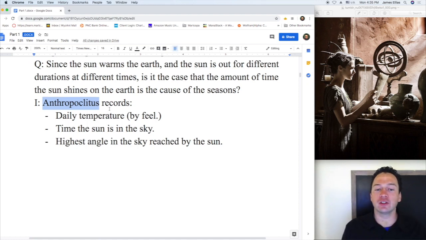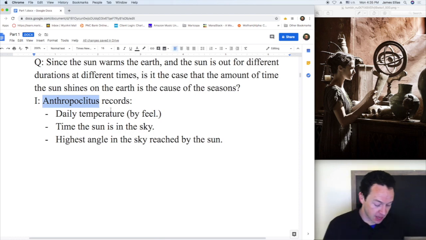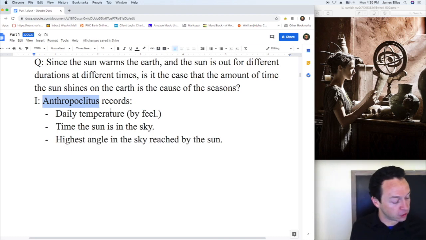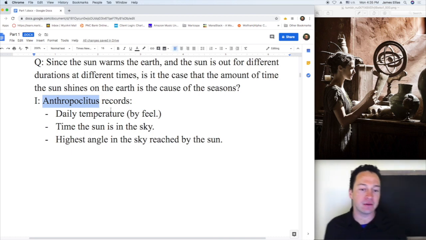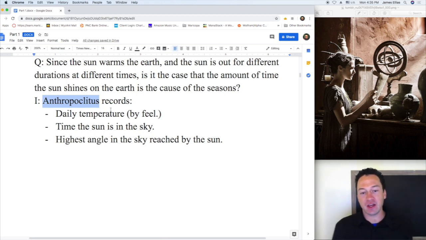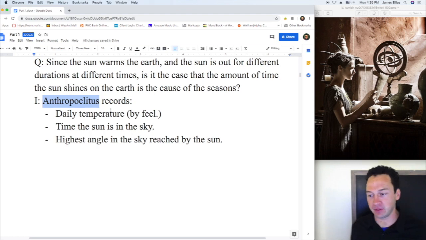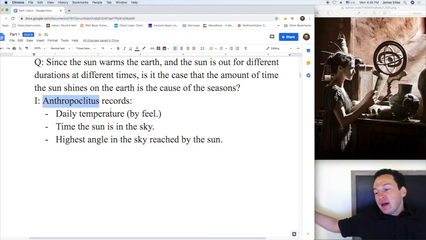Okay? So here's what Anthropocleitus does in order to test this hypothesis that it's the amount of time the sun hits the earth that causes the seasons. First, he records in a book the daily temperature, just by feel. He goes out and says, it's kind of hot.